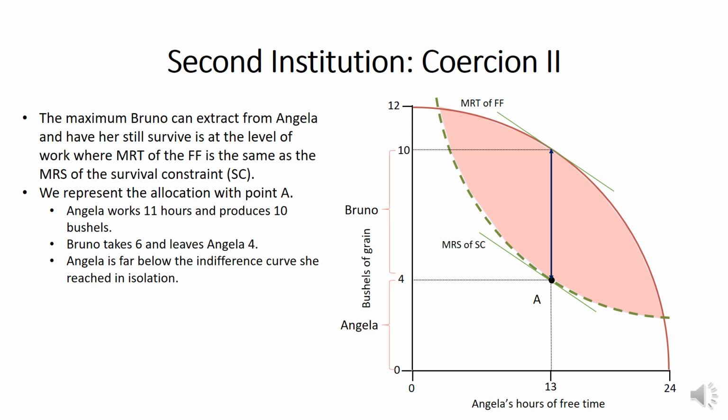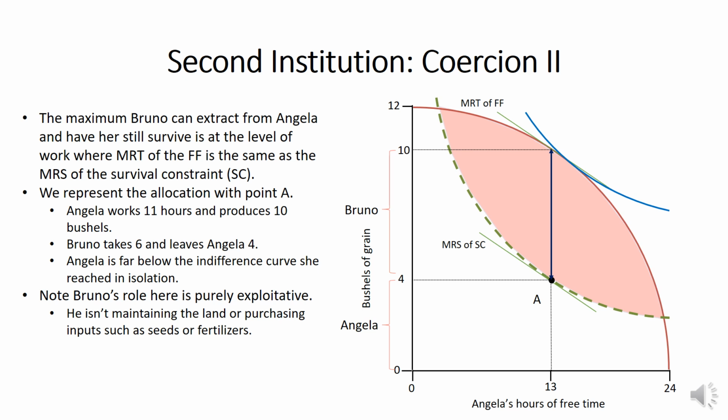So 6 bushels of grain is the most that Bruno can extract from Angela, and we should note that coercion, of course, leaves Angela far worse off than she was before. Before she was consuming a number of bushels of grain above what she needed to survive, and now she's been pushed down just to the point of barely being able to survive.